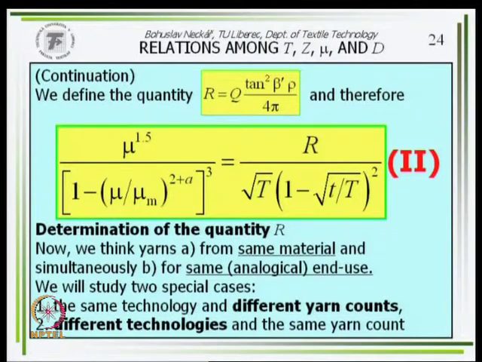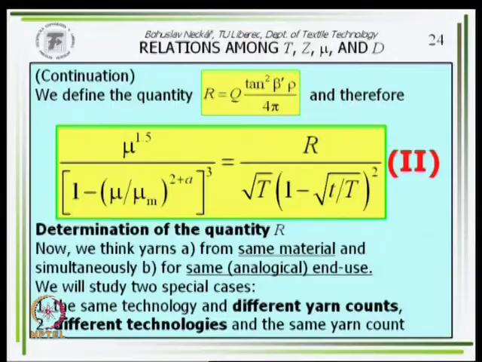Case 1: the same technology and different yarn counts. Example: carded cotton technology, but 1 times 20 tex, 1 times 40 tex, 1 times 60.5 tex, and so on.